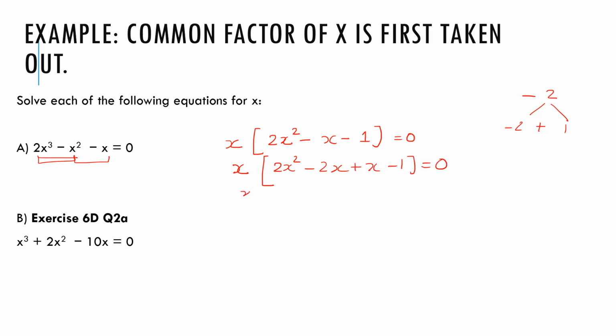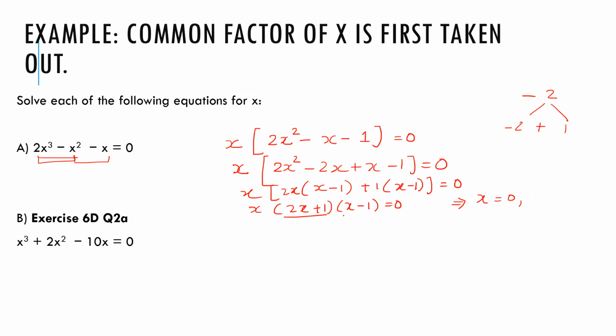We try to factorize: x times 2x minus 1 plus 1 times x minus 1. That gives me the factors 2x plus 1 and x minus 1. Then you solve for x, and that would be x equals 0, because we are equating all three factors to 0, x equals negative 1 over 2, and x equals 1.